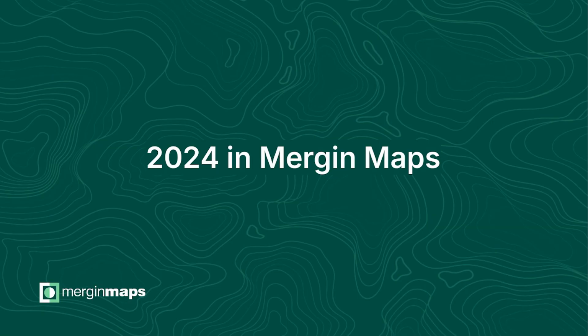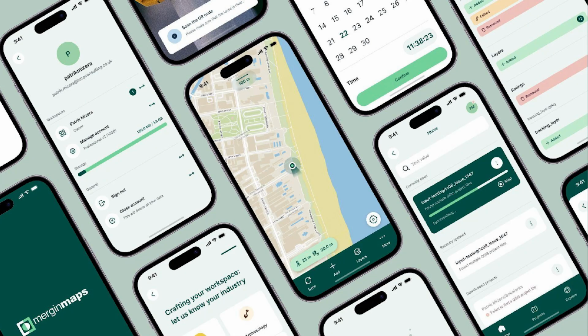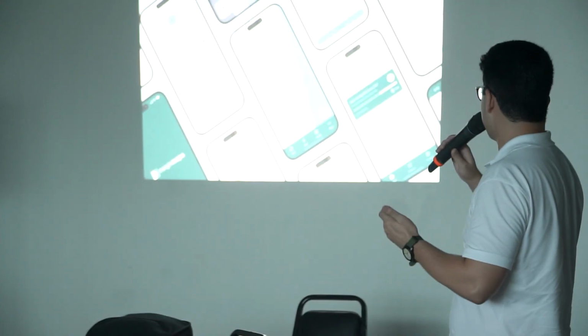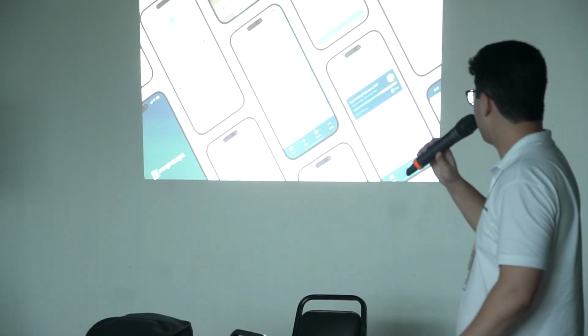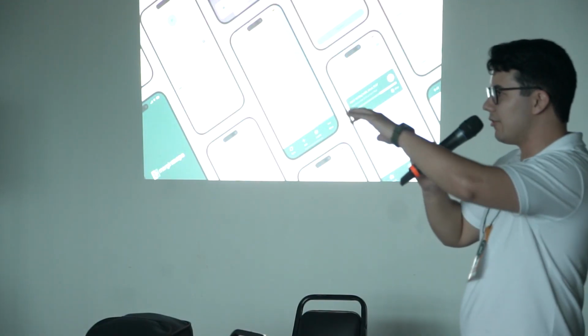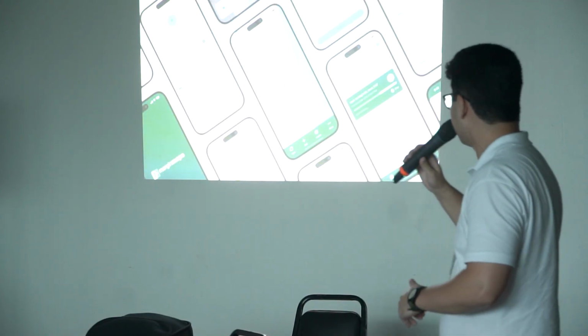And now I'll talk more about what we have been busy with in 2024. The first thing is our mobile redesign. We hired a new designer, and so we could enhance the usability and the user interface of our app, and integrate all of our products: the web, the mobile, and the QGIS plugin.